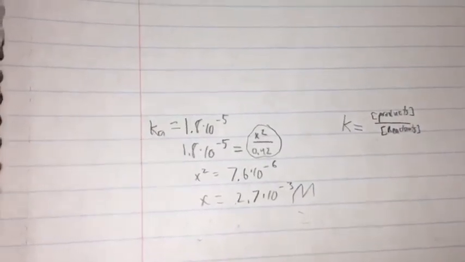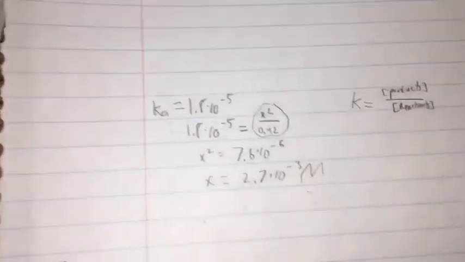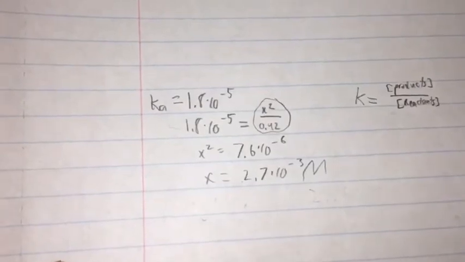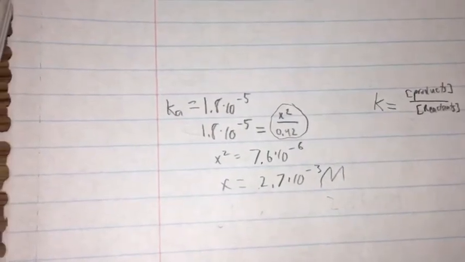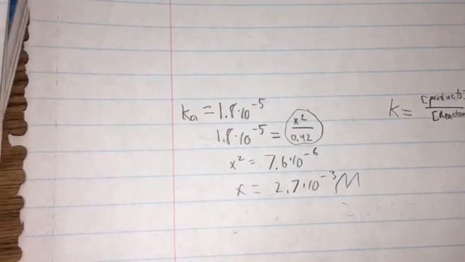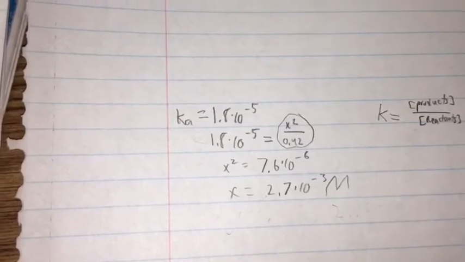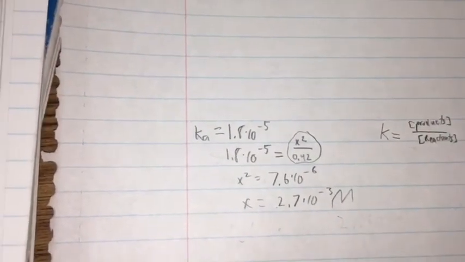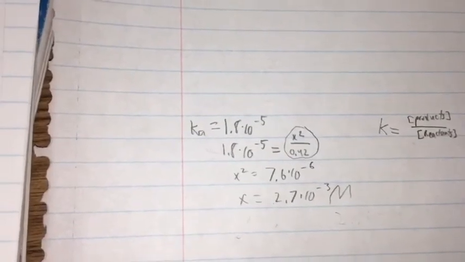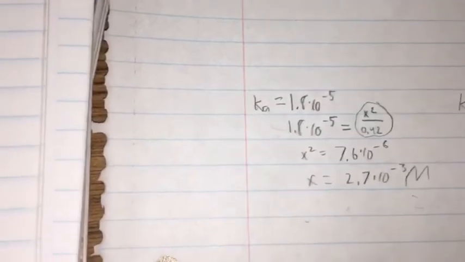Now, there's something called the 5% rule, which states that if the final concentration, which is x, is less than 5% of the initial concentration of the acid, which is 0.42 moles per liter, then you can ignore x, and you can ignore subtracting x because it's going to be canceled out with significant figures. Also, keep in mind we're working with 2 significant digits for now, and so that's x.